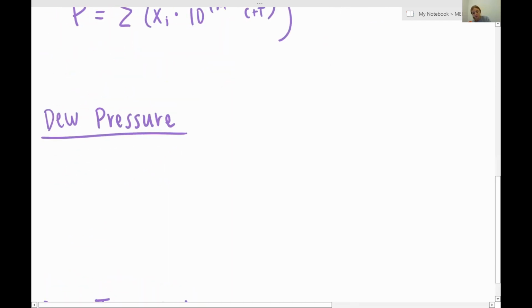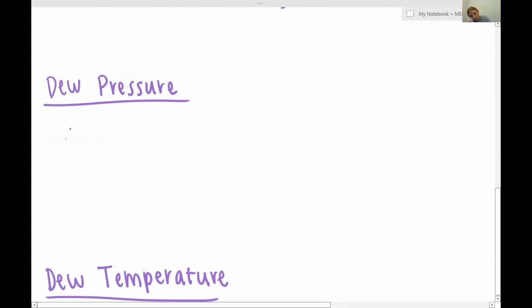So I'll go ahead and write that out for us. It equals yi times P over the saturation pressure. Because we have two components, we're going to want to sum each side so that we account for both of them. And again, it's going to be equal to 1.